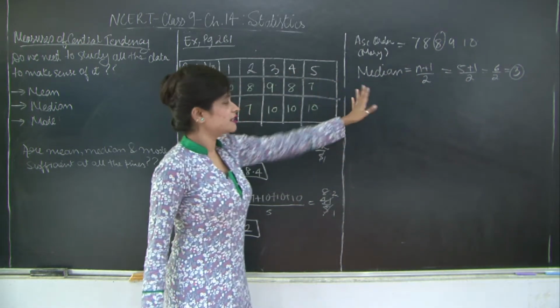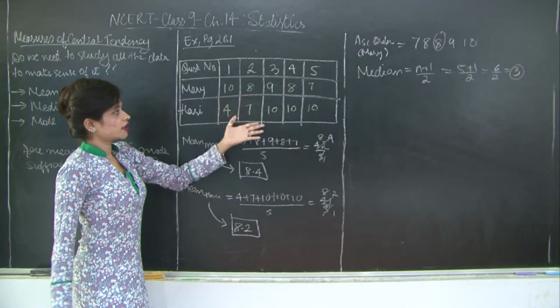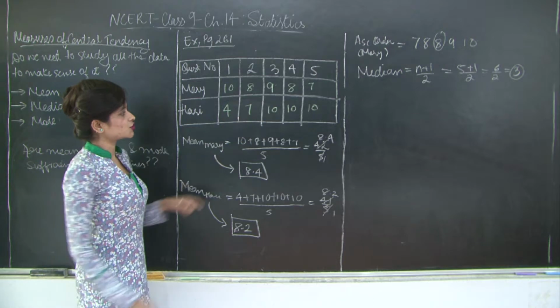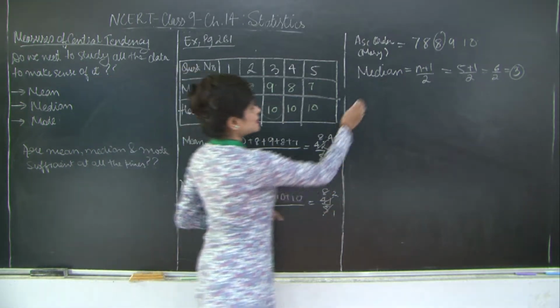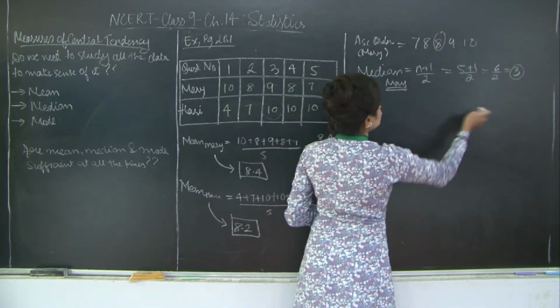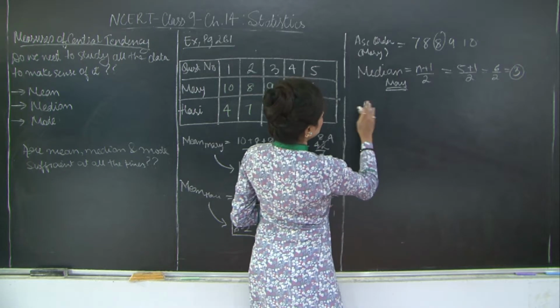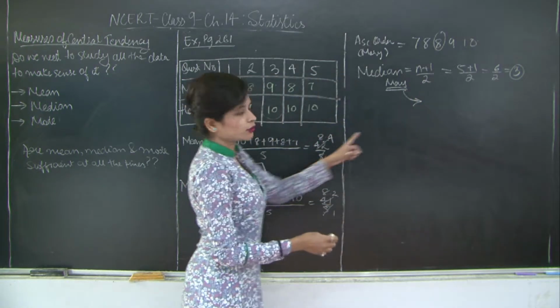Similarly, the median for Hari also would be the third observation. Why? Because both have data for 5 observations. So here for Hari, the middle value is 10. So I'll say median for Mary is the third one, which is 8.